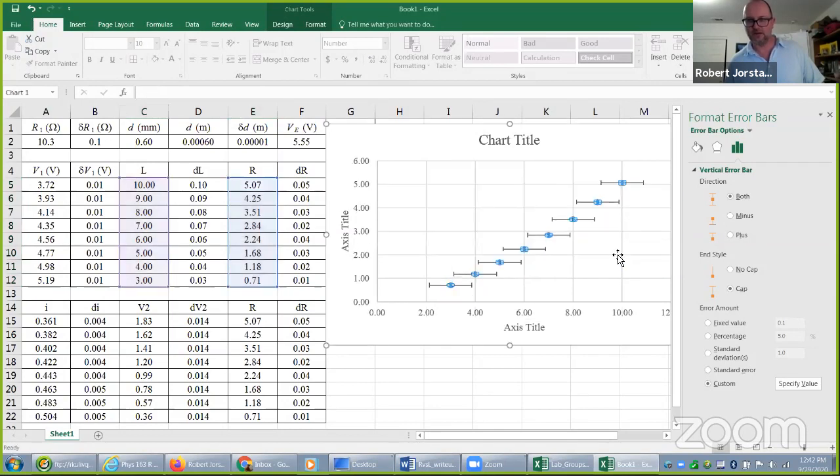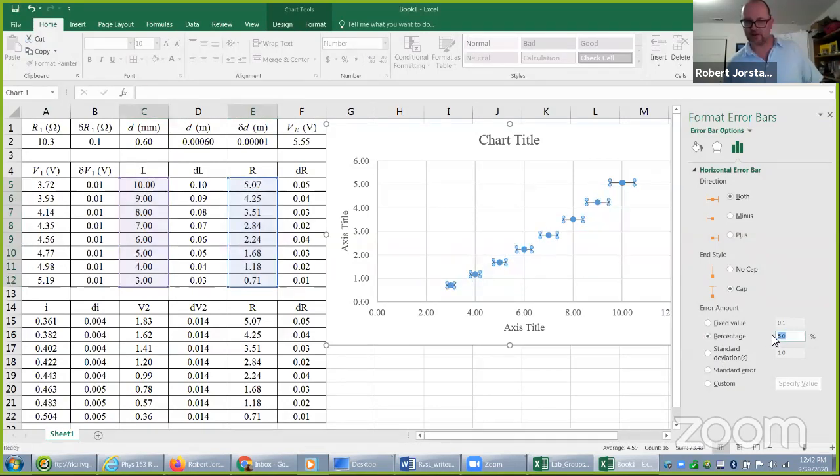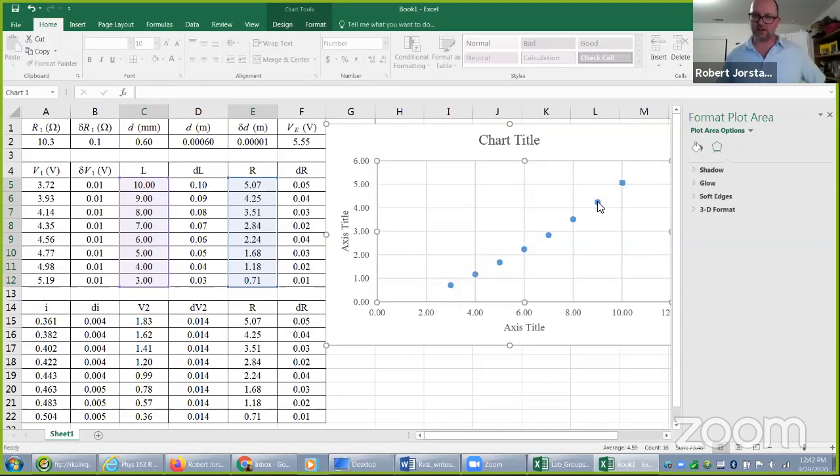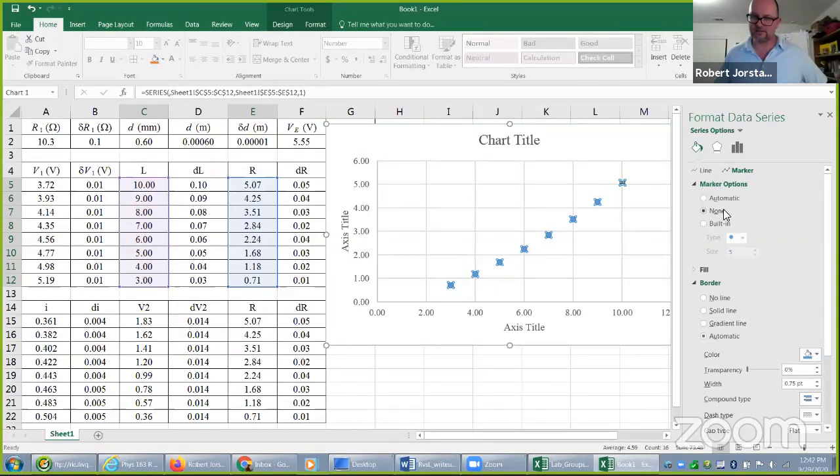Okay. And now I can get the horizontal error bars. That's going to be these values, which notice these happen to be 1%. So maybe I'll just go into here. You could select them again, or you could just say it's 1% in this case. And now when you can't see the error bars, you can come into here, marker options, none.